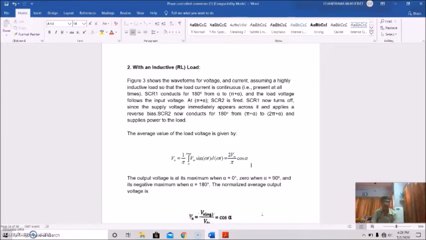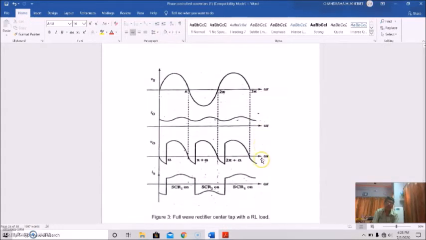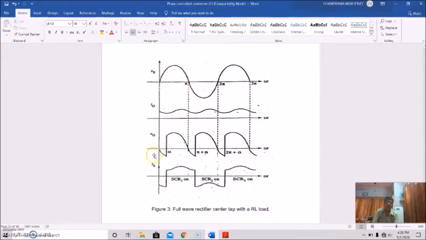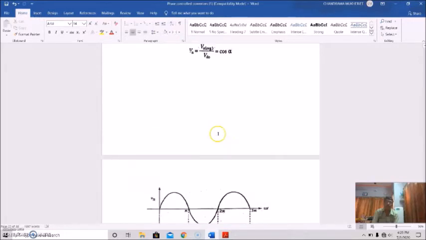So SCR1 will be conducting for 180 degrees from alpha to pi plus alpha, and the load voltage follows the input voltage that is shown here. This is the source voltage and this is the load voltage.